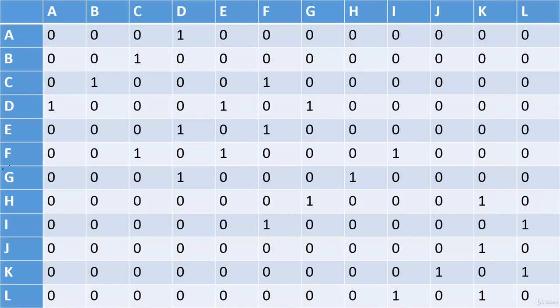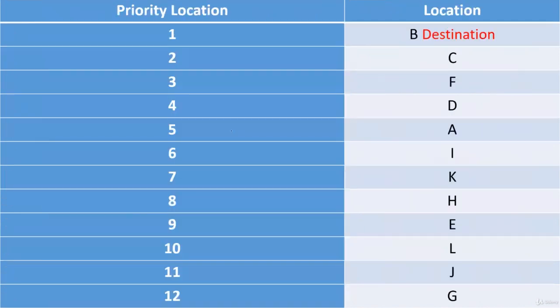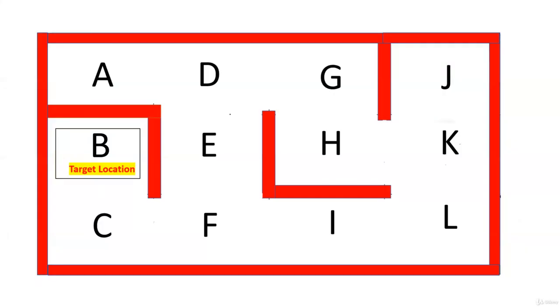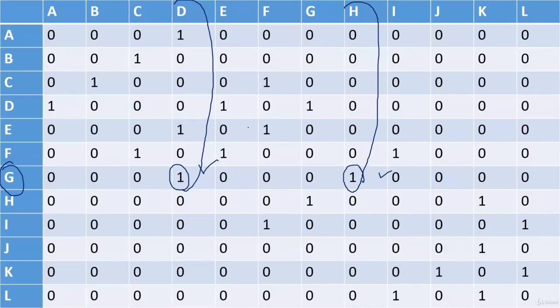Let's take a random example, G. G is connected to D, you can see, and G is also connected to H. So these two are one. Let's go inside and see. Yes, G is connected to D, and G is connected to H. Let's take one more example, then it will be fine.